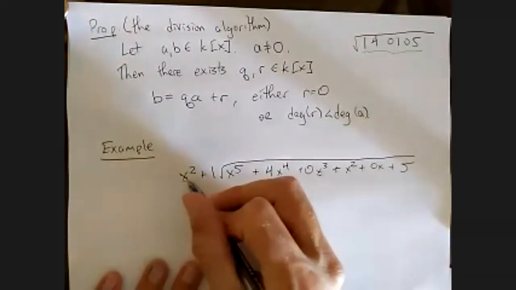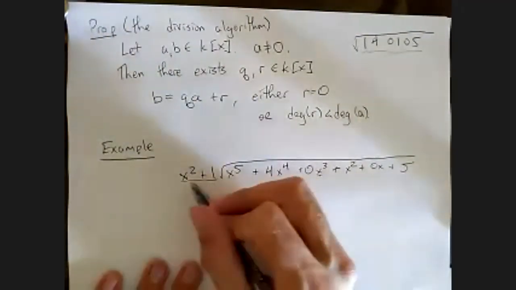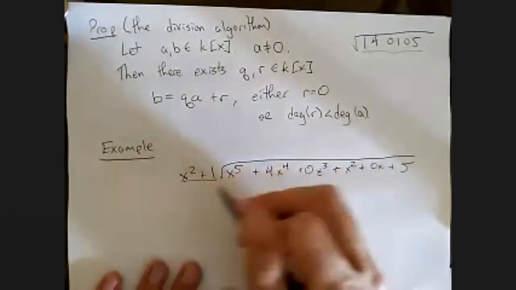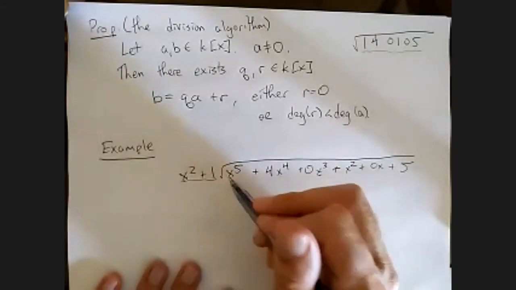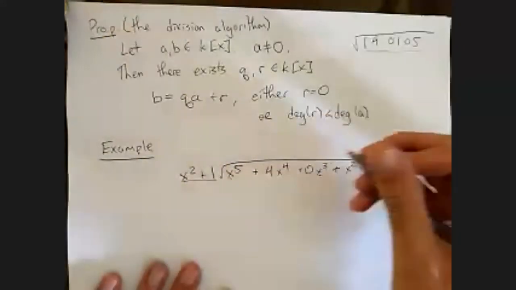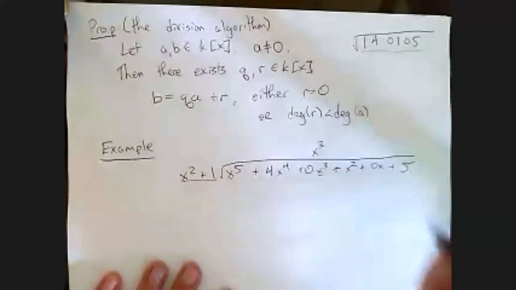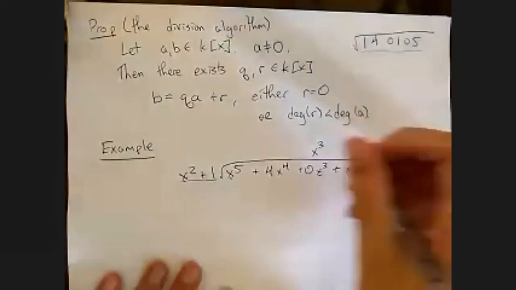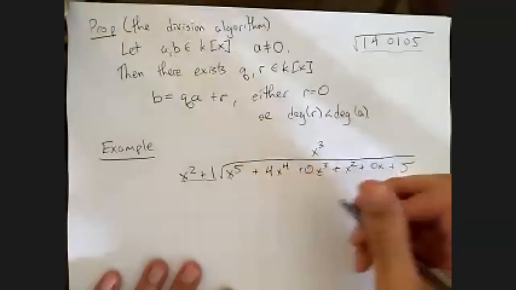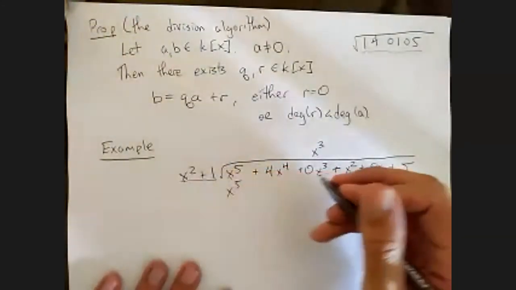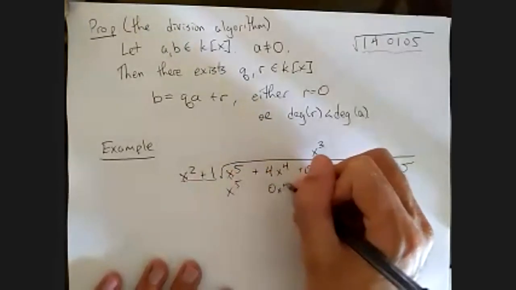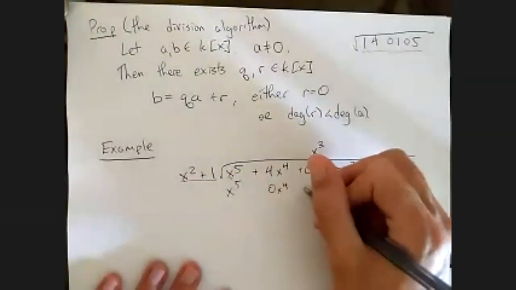So we divide this into this. We try to match up the highest degree terms. The x squared goes into x to the 5th x cubed times, so we put an x cubed. Then we multiply, and we get x to the fifth, x cubed times 0x gives 0x to the fourth, and then x cubed.